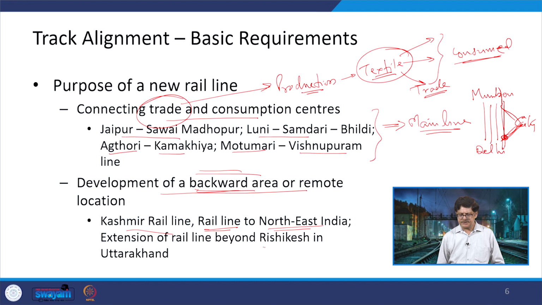I can take another example, which is providing connectivity beyond Rishikesh in Uttarakhand. Uttarakhand is known for the Char Dham Yatra. People come from different areas, but they have to get down at Rishikesh at most. There is no further connectivity in terms of a rail network.